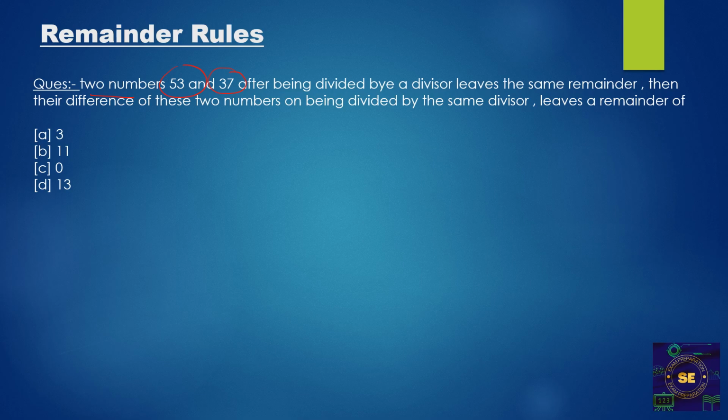Then the difference of these two numbers, on being divided by the same divisor, leaves a remainder of what? So let's recall rule number 3. If A by D gives remainder R and B by D also gives remainder R, then A minus B gives no remainder.